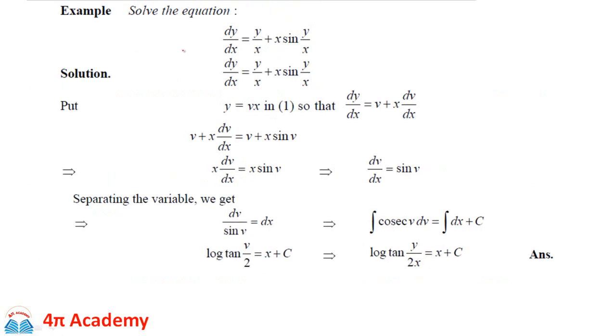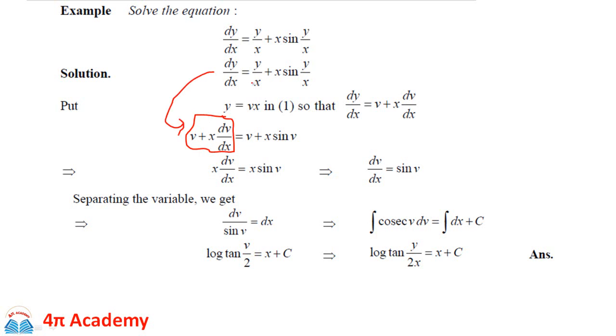Now let us take one example from the homogeneous equation. Solve dy by dx is equal to y by x plus sin y by x. So now let us put y is equal to vx, and therefore dy by dx is equal to v plus x into dv by dx. Instead of this dy by dx, we are going to substitute v plus x into dv by dx.